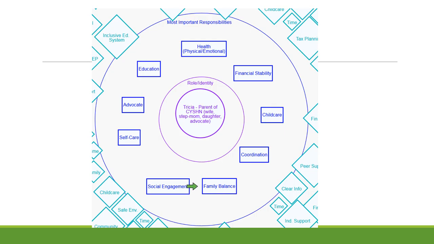That was not in my original map. But then I realized that in order to help Charlie and to be a good parent of a child with special needs, I needed to maintain some family balance. I needed to take responsibility for that. And so that was something I added in.